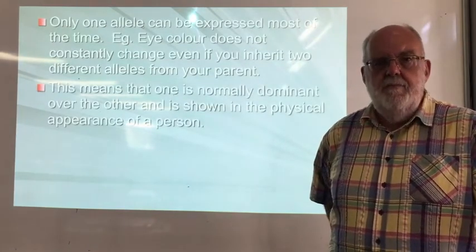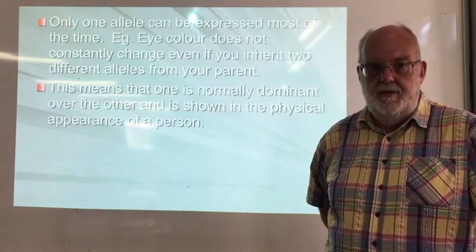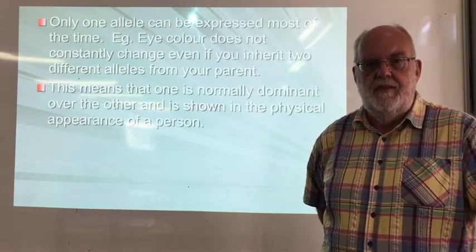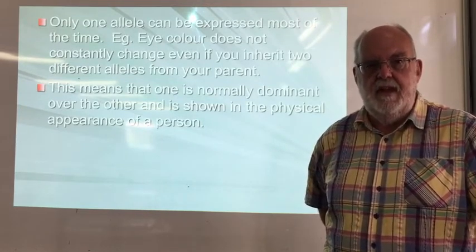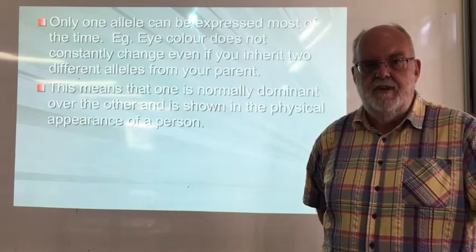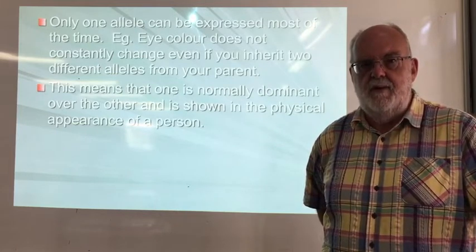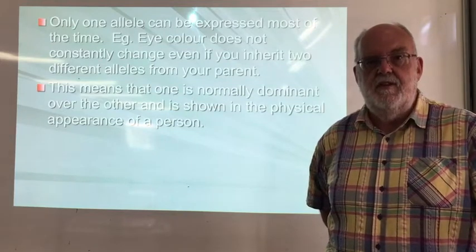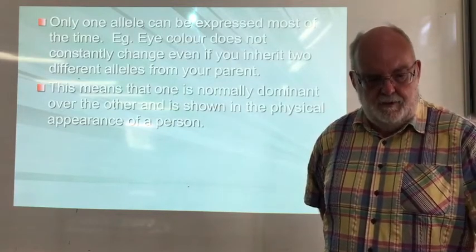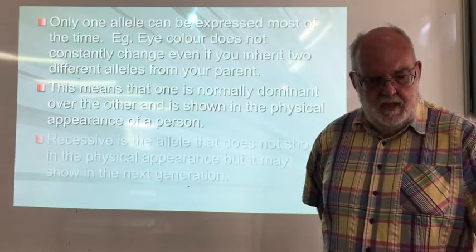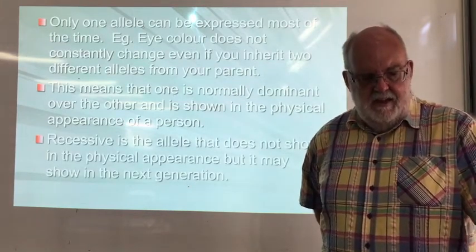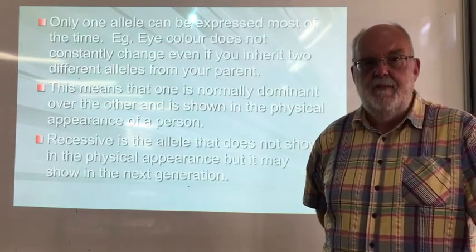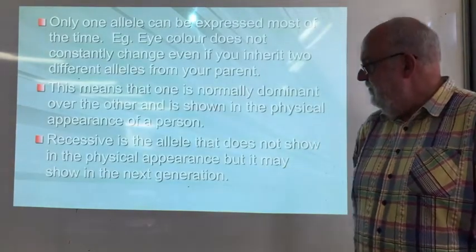So normally, one of the alleles is dominant over the other, and that is the one that will be expressed in the phenotype. The phenotype is what the genotype looks like in real life. The genotype is the combination of different alleles. So one allele is dominant, therefore the other one is recessive.